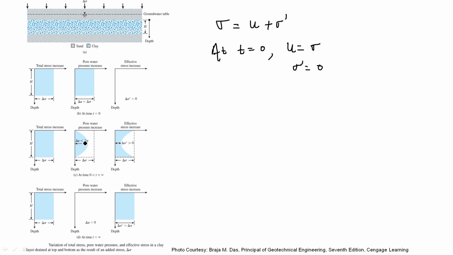As this pore water pressure decreases, proportionally effective stress increases, and at the end of primary consolidation the pore water pressure becomes 0 and the effective stress becomes the total stress, and at this time we can say that soil is in equilibrium.